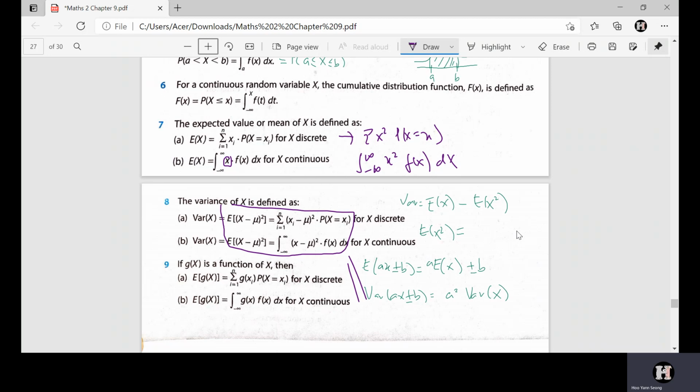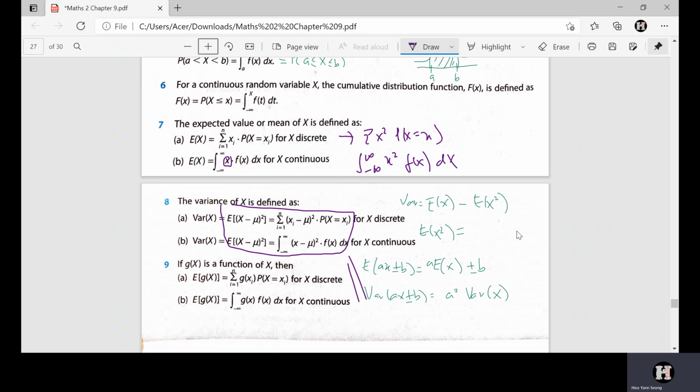For the expected value, or your mean, it doesn't matter if you have ax plus or minus b, or b plus or minus ax, they are the same thing, as long as a is taken out, and E(X), and then plus or minus b following the sign over here.